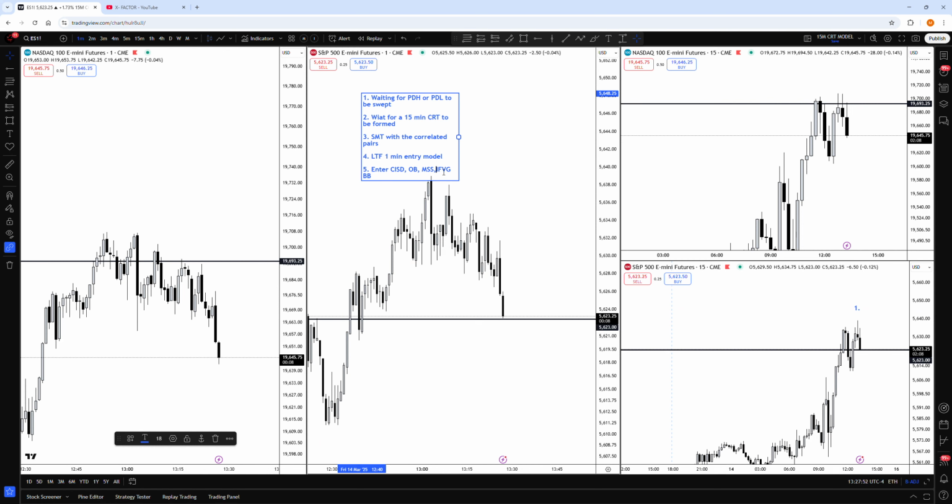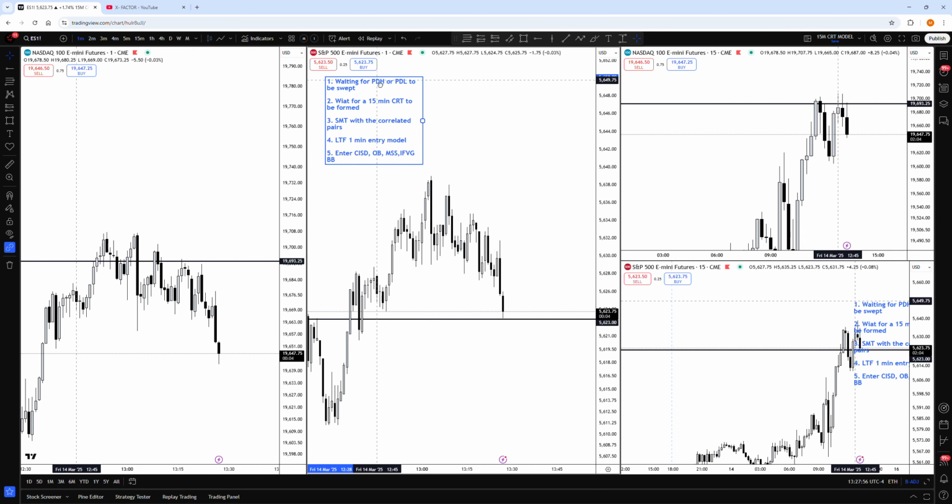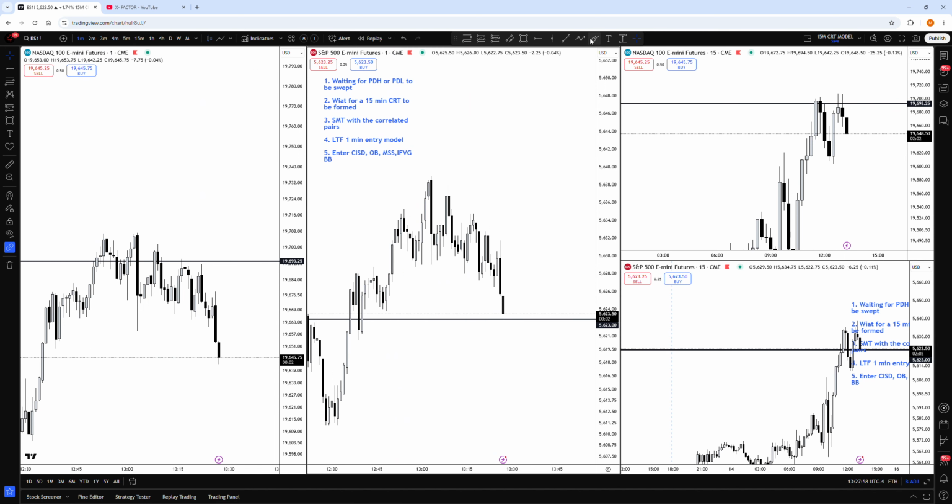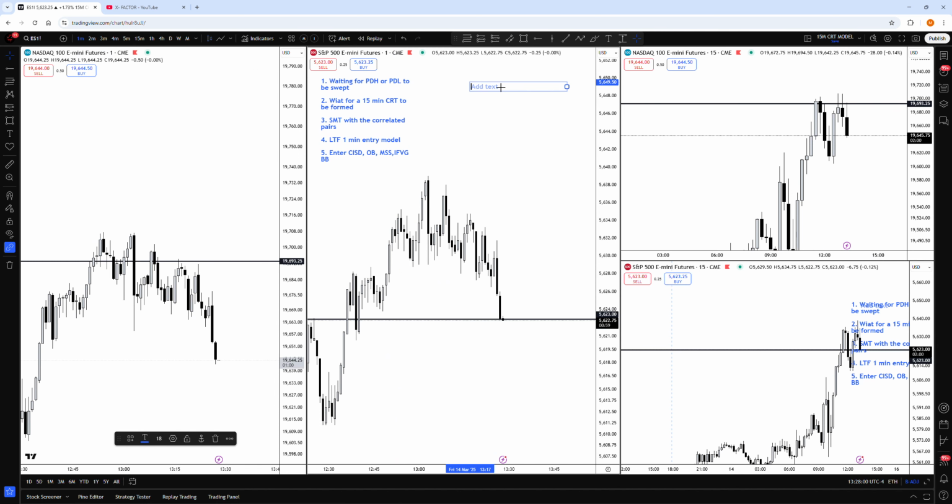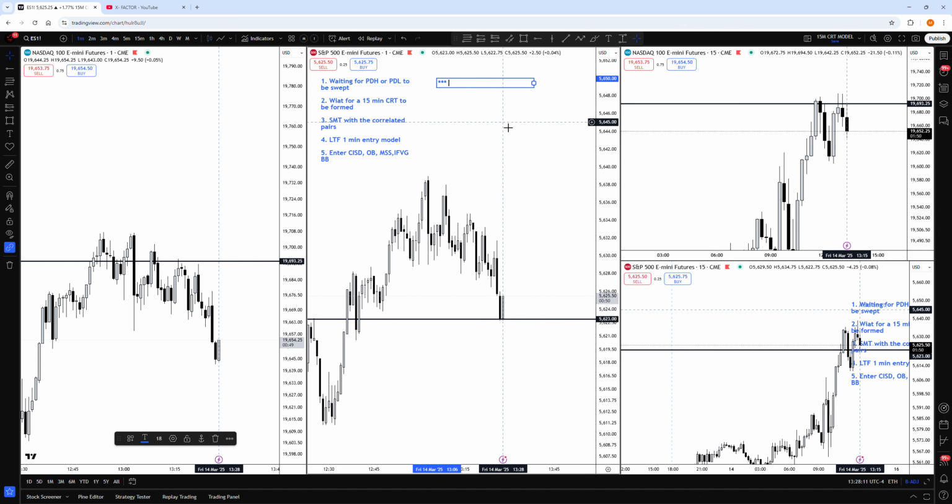Okay, so we're going to leave that right there. Now, a very important caveat to this, and it's almost a prerequisite to these points that I just annotated for you here. When we're looking for that 15-minute CRT at the previous day high or low, we will not be trading this model if the internal range liquidity in that leg up has been rebalanced.